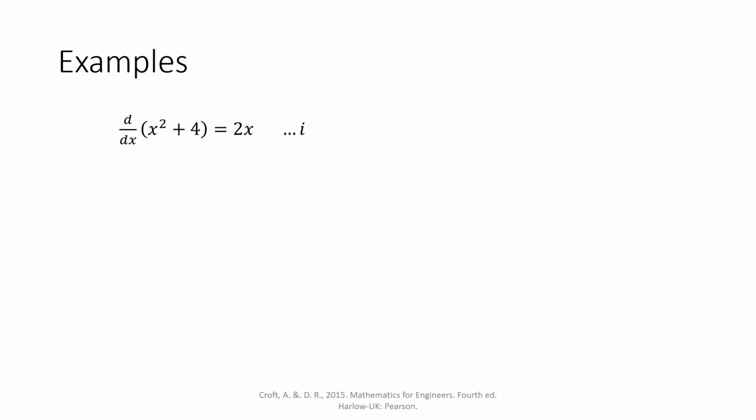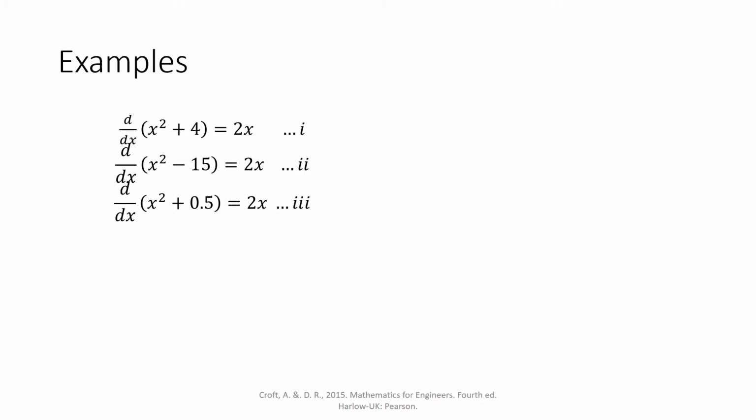Now some examples for more elaboration of the concept of integration. The derivative of x square plus 4 is 2x, then x square minus 15 derivative is 2x, and again 2x.